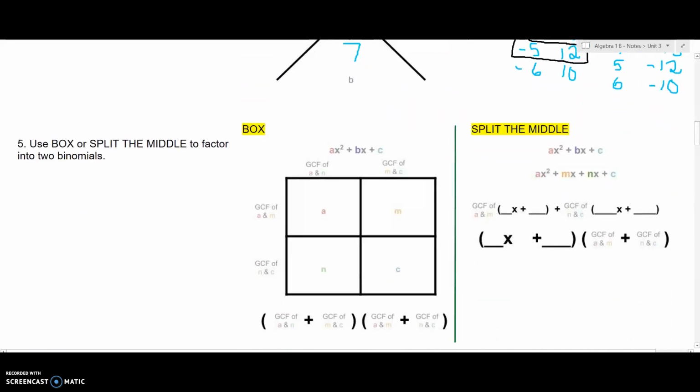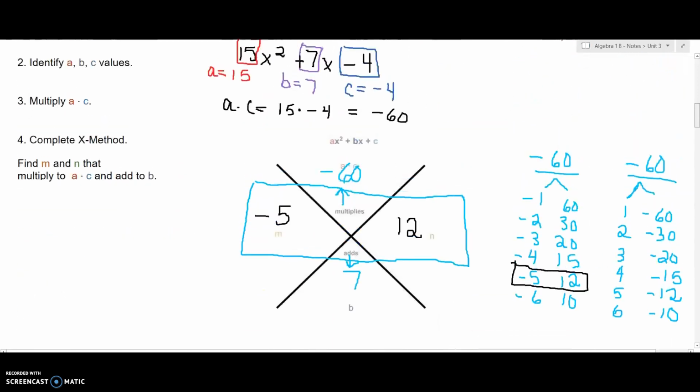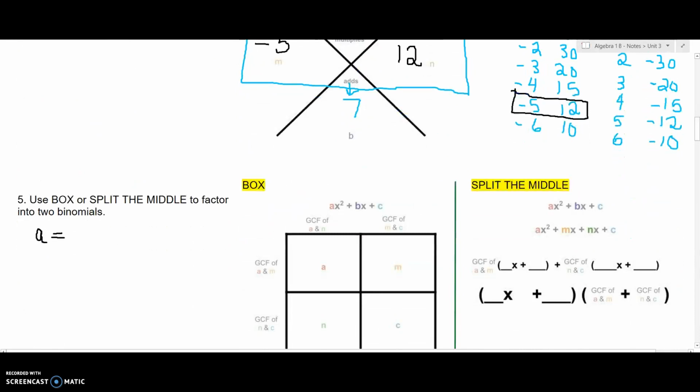So I'm going to start by writing down the terms I know. My A term was 15x squared, with A being 15. My B term was 7x.